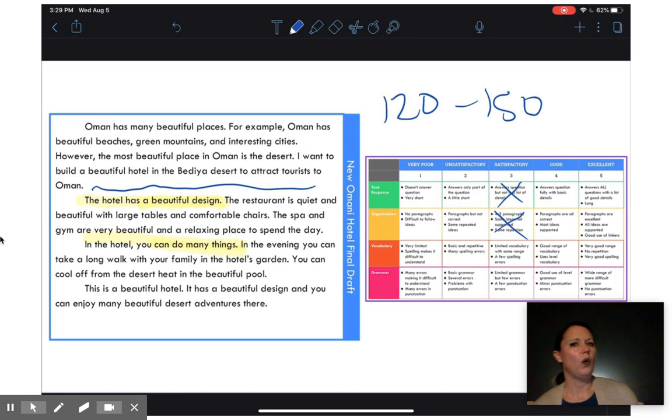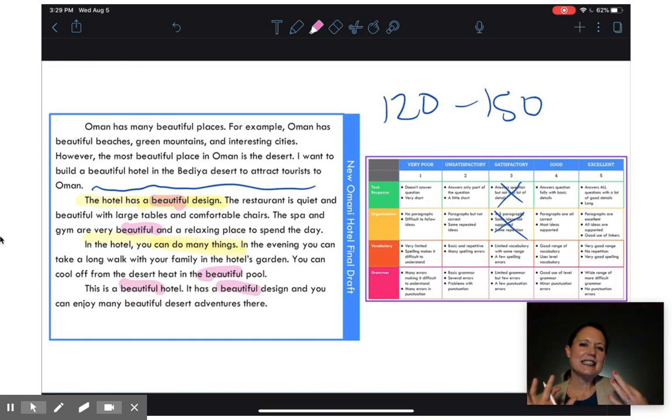All right, what about vocabulary? Did you find the problem? That's right. It overuses the adjective beautiful. Beautiful, beautiful, beautiful, beautiful. There's another one right there.